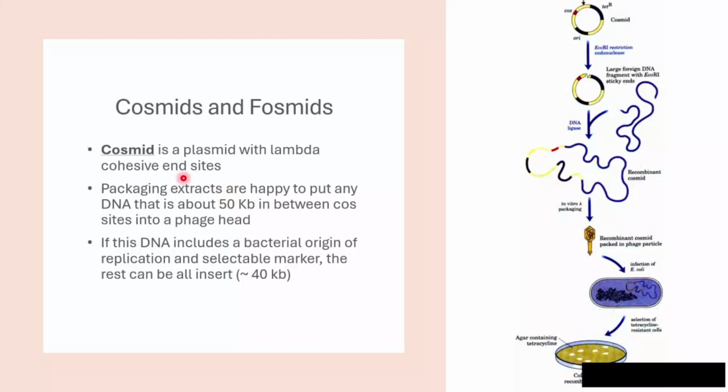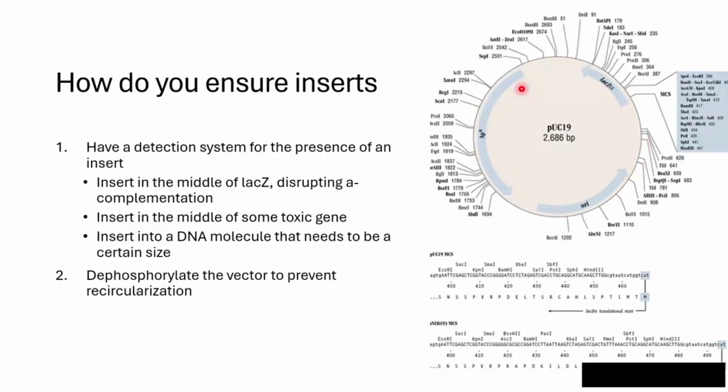Now, what's the difference between a cosmid and the lambda phage's own genome? The lambda phage has a lot of DNA that you technically don't really need. So you take your plasmid, which has less useless DNA, because it basically just has this here. You add the cohesive sites here and here.